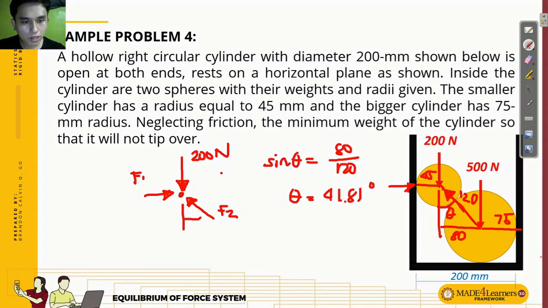Then yung angle niya is this one, 41.81. Okay, so since concurrent siya na force, magamit tag summation of forces x is equal to 0 and summation of force along y is equal to 0. Sakto na itong assumption class. Basta contact na siya class, toward na siya sa object.